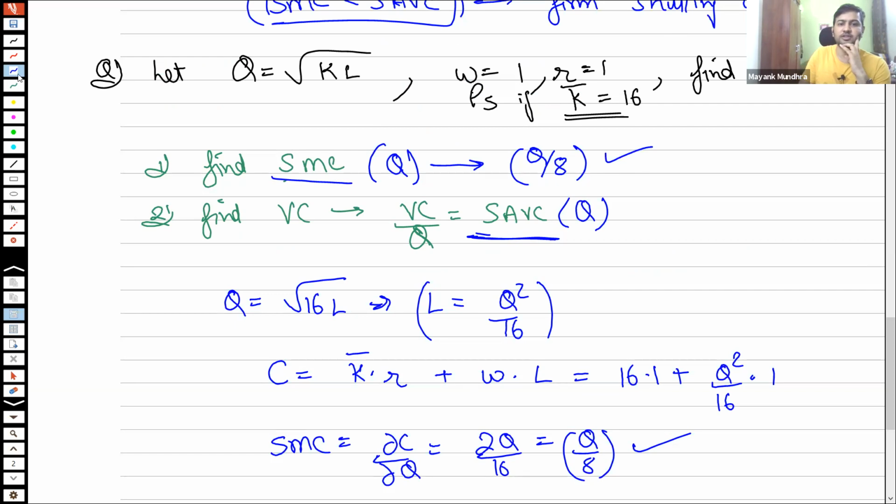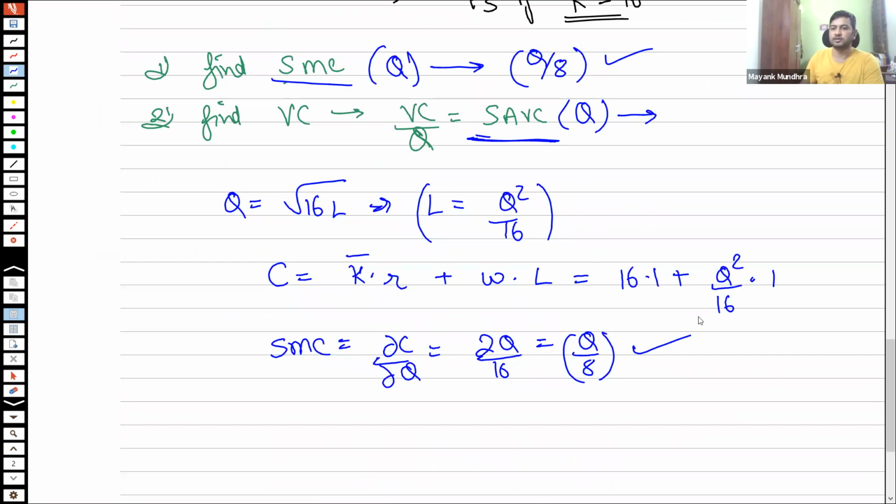What about short run average variable cost? Now you have the variable cost.